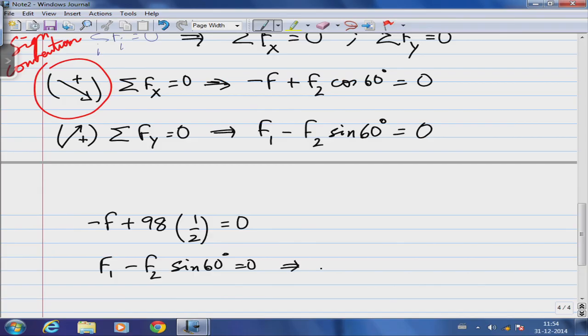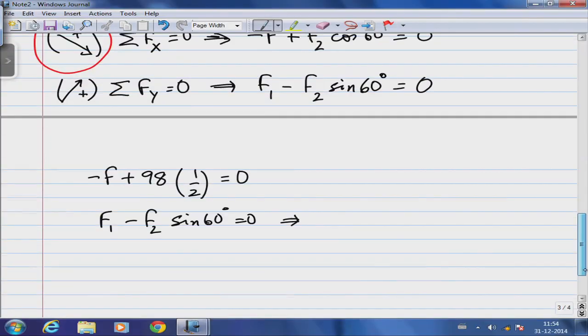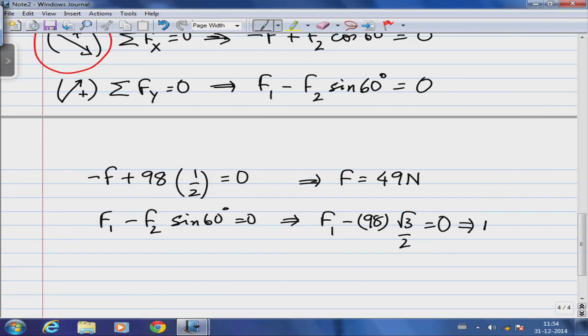This implies F1, a force that I do not know the magnitude of, minus 98 times sin 60, which is root 3 over 2, equal to 0. So, from the first equation I know that F equals 49 newtons and F1 equals 49 times square root of 3 newtons.